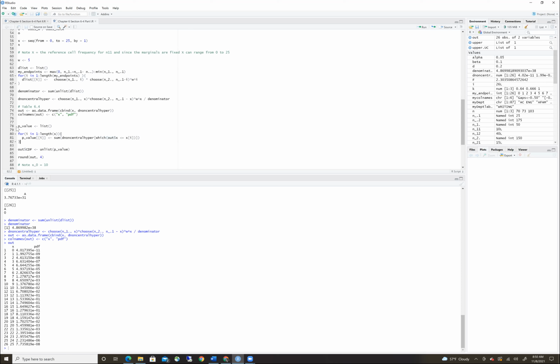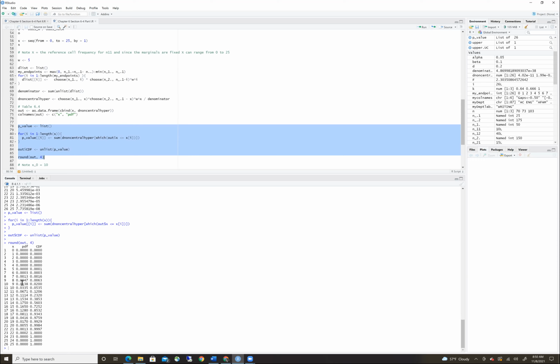By running that through, we can get all the values in the table, plus all the values giving us the CDF, right?